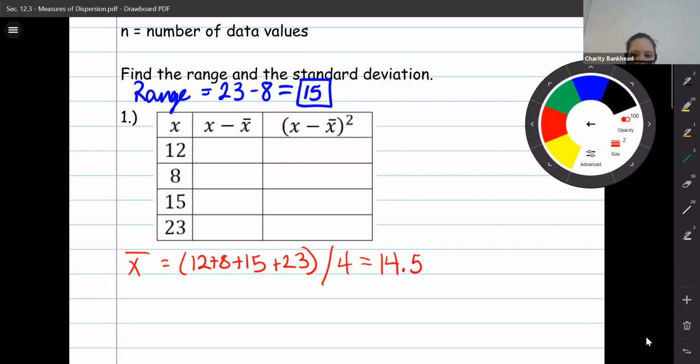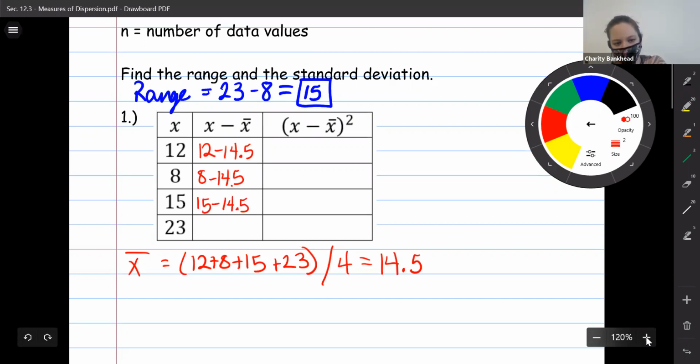Okay, so we're going to use this table. We're going to do X minus X bar. So we're going to do 12 minus 14.5, 8 minus 14.5, 15 minus 14.5, and 23 minus 14.5.